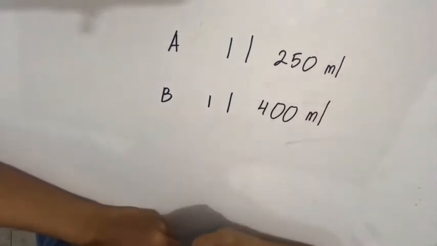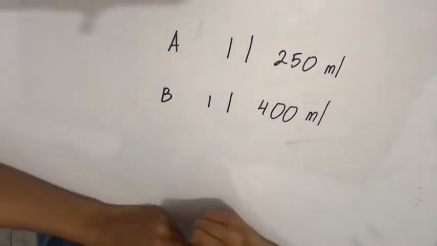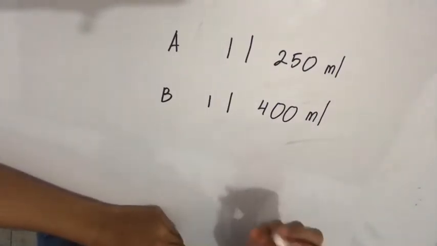The question asks, what are the capacities of bottle A and B together? Remember, we need to do addition.